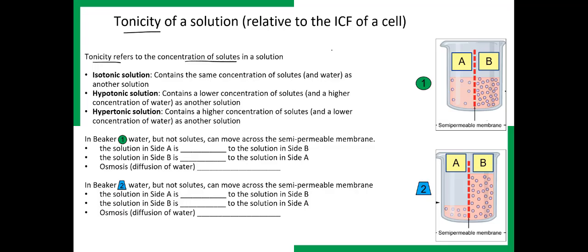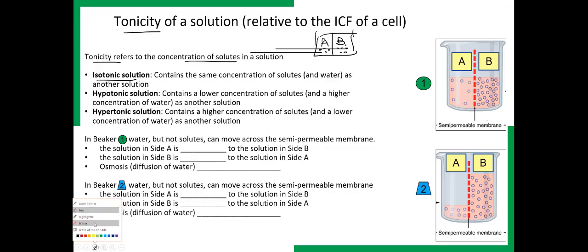When you have two compartments like a beaker and you're comparing side A and side B, in an isotonic solution, A and B will be isotonic to each other if they contain the same number of solutes. So each of those sides, say, contains 5 solutes, and that means it's isotonic.